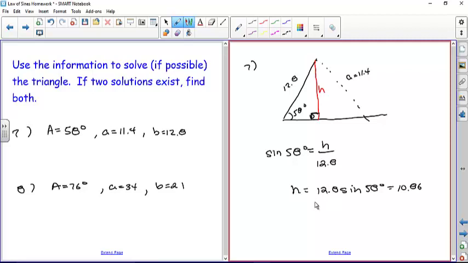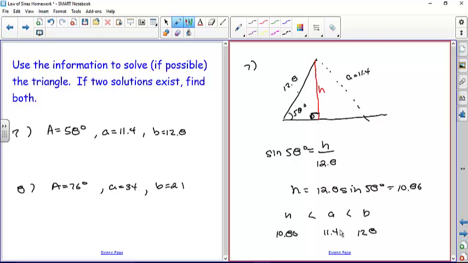So now let's go back to look at this situation. And if H is the smallest one, which it looks like it is, so we've got H, I'm going to write it under here, is 10.86. And if that is less than A, which is 11.4, which is less than B, which is 12.8.